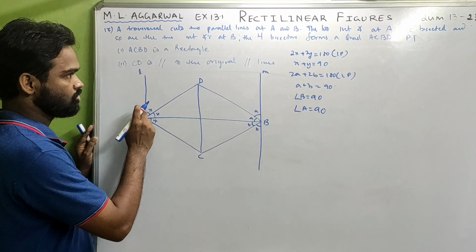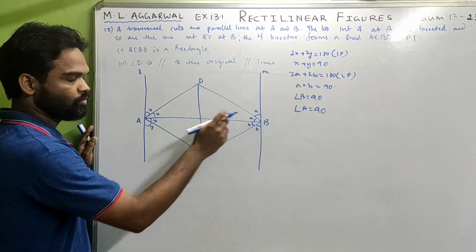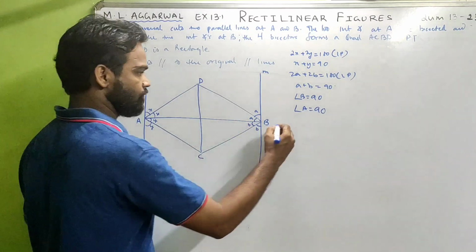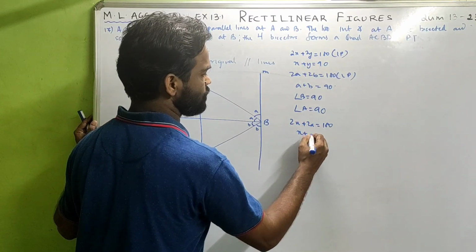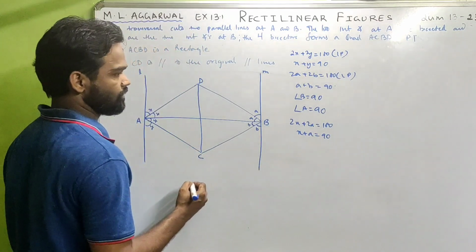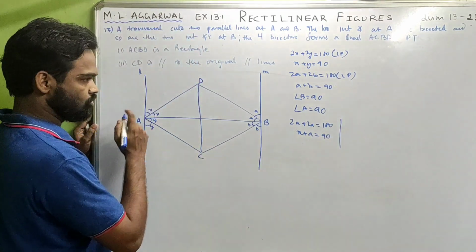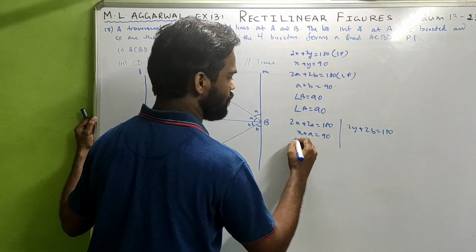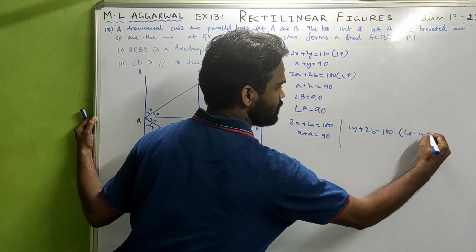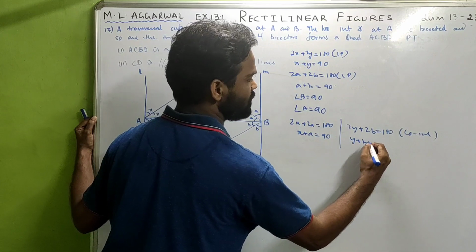Now look carefully. 2x plus 2a will be equal to 180, co-interior. 2x plus 2a equals 180, which means x plus a equals 90. Similarly, 2y plus 2b equals 180. These are co-interior angles, isn't it? Which means y plus b is 90.